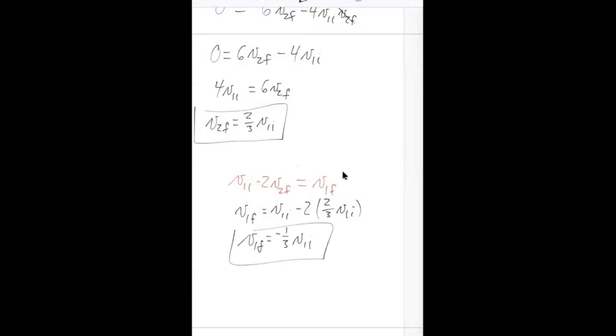So that means that the original object that came in and crashed into the larger object, it's going to bounce backwards, right? But not as fast as it was initially going, right?